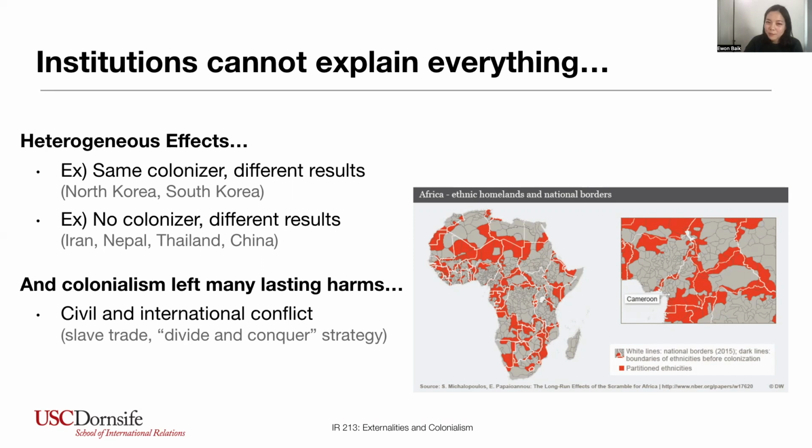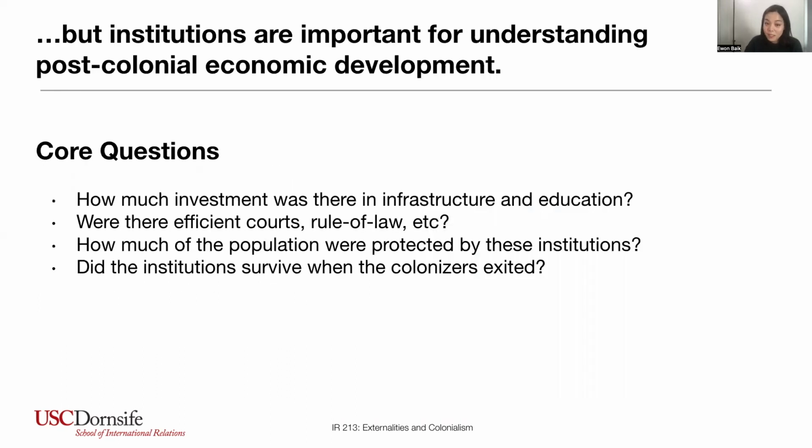And so these sorts of policies really set the ground for civil and international wars long after the colonial powers left, which also have an important effect on development. Nevertheless, institutions are important for understanding post-colonial economic development, right? So the initial conditions of the colonies that determined the sort of institutions that were set in place are still correlated with the levels of economic development today.